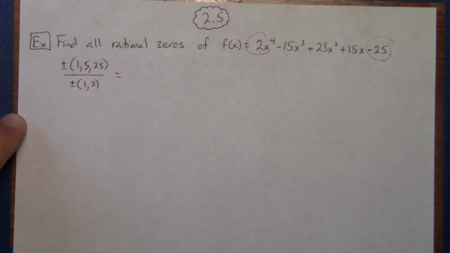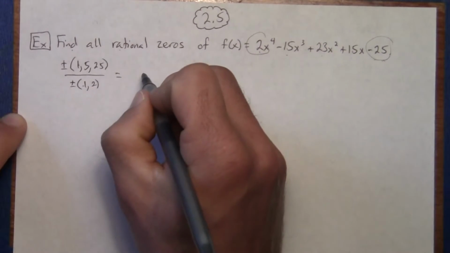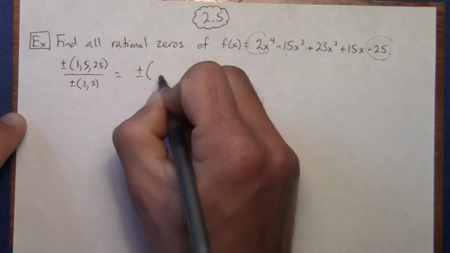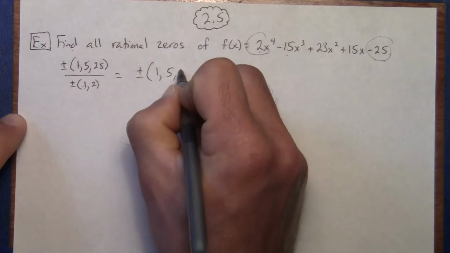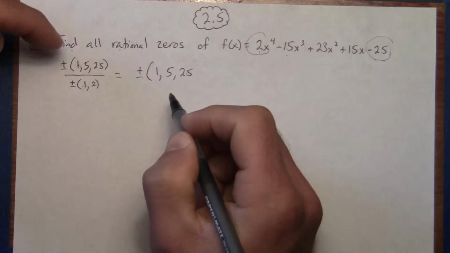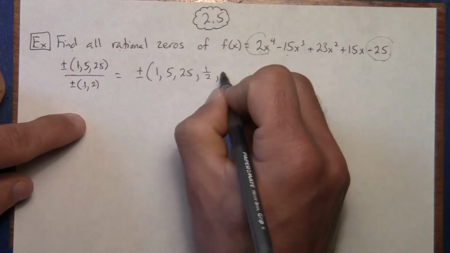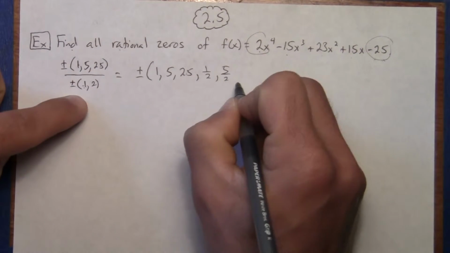So if I was making my list of possible rational zeros, I would have 1 divided by 1, 5 divided by 1, 25 divided by 1, so 1, 5, and 25. And then I would also have 1 divided by 2, 5 divided by 2, and 25 divided by 2.